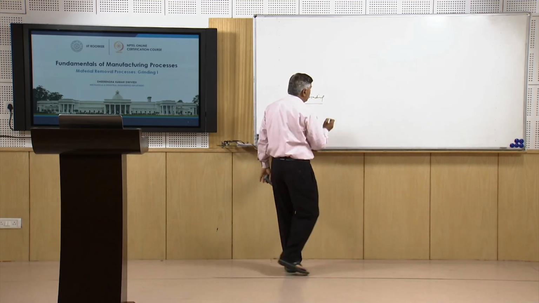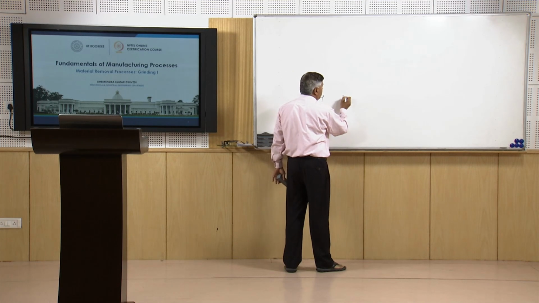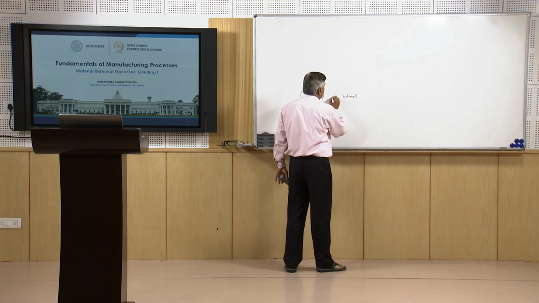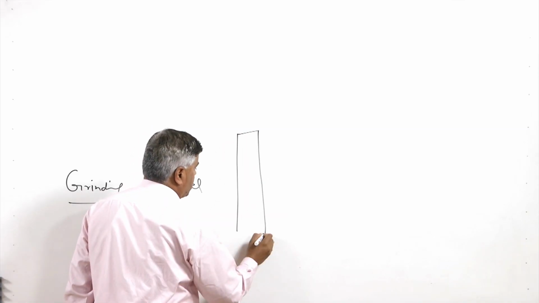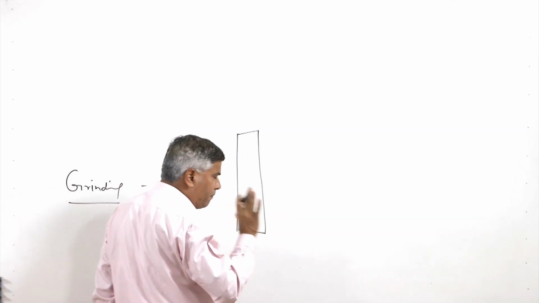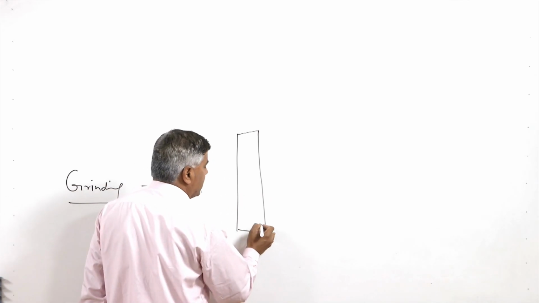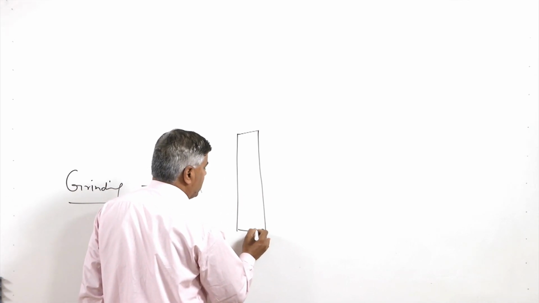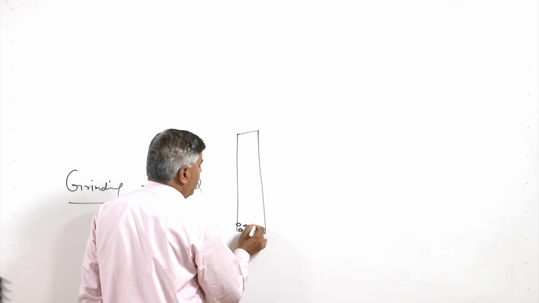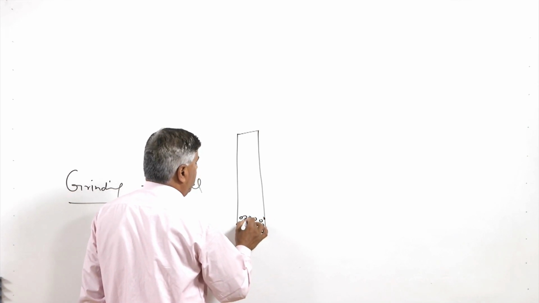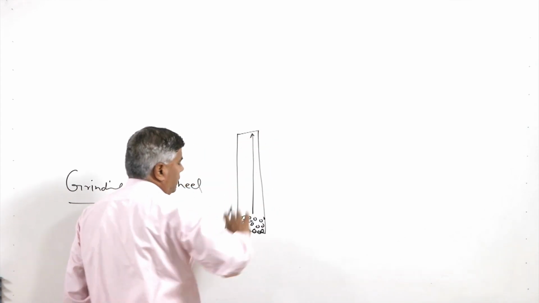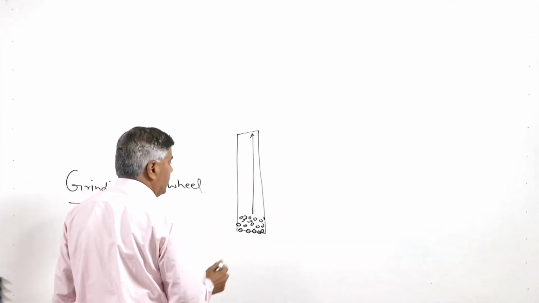Mostly, grinding is performed with the help of a grinding wheel, which is just a wheel comprising abrasive grains bonded with a suitable bonding material all along the body of the wheel.